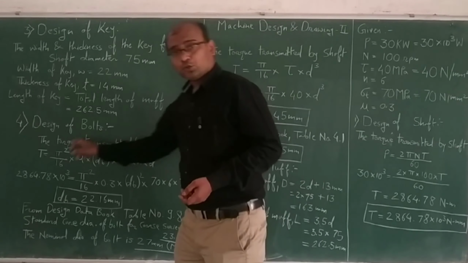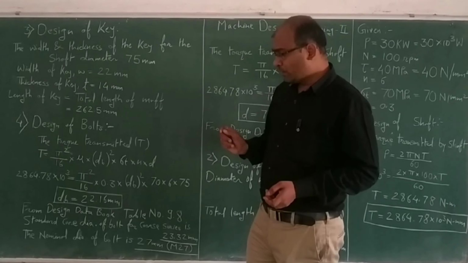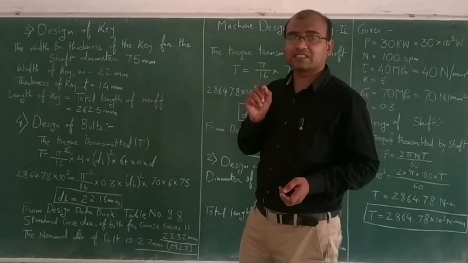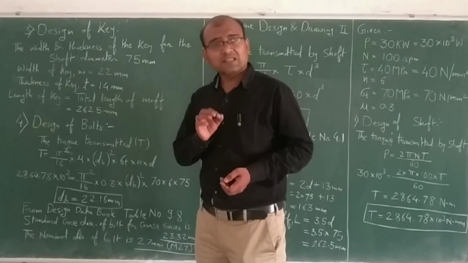As per that, you can calculate the diameter of bolt. So dV is 22.16 mm. The diameter of bolt is 22.16 mm.